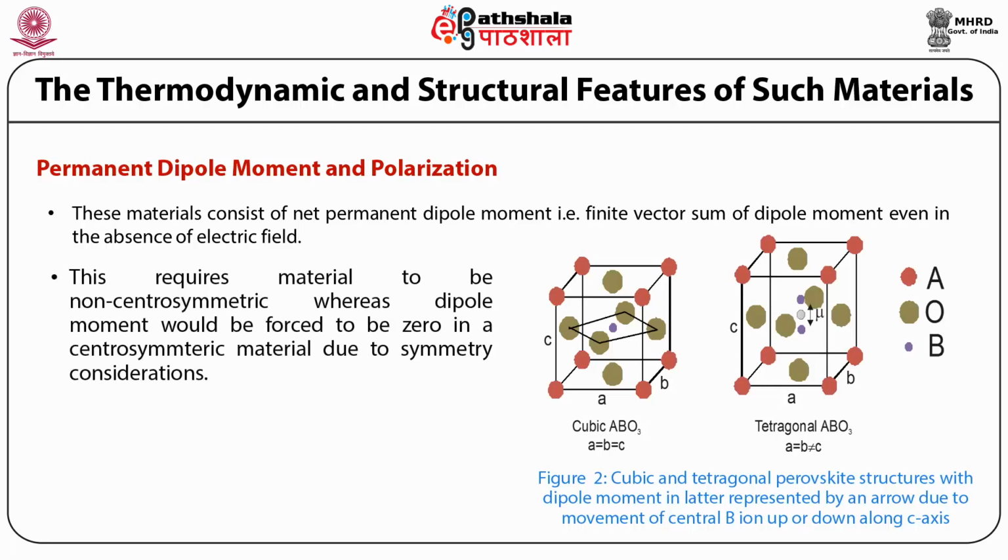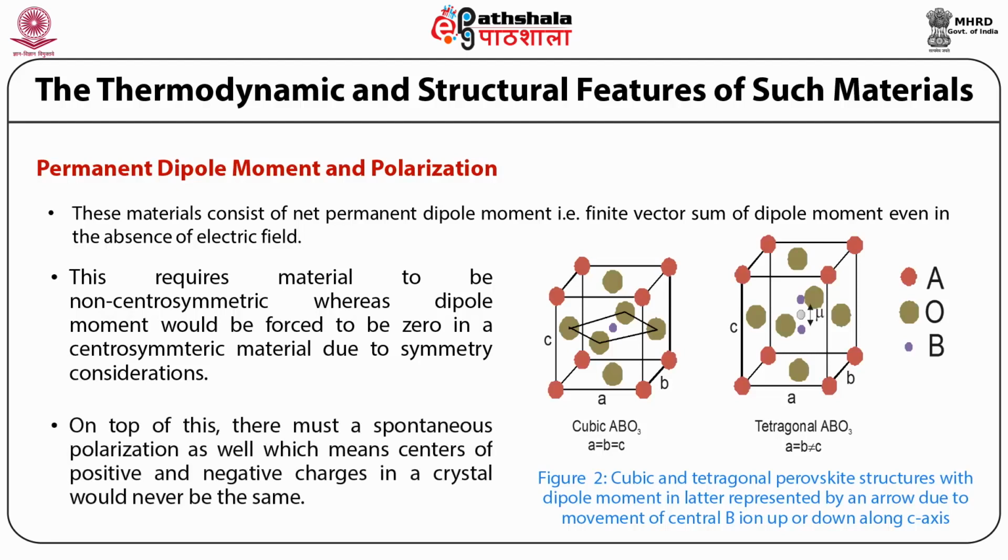This requires the material to be non-centrosymmetric, whereas the dipole moment would be forced to be zero in a centrosymmetric material due to symmetry considerations. On top of this, there must be a spontaneous polarization as well, which means the center of positive and negative charges in the crystal would never be the same.